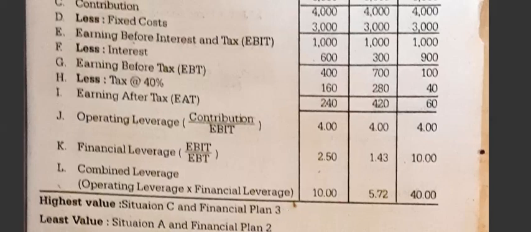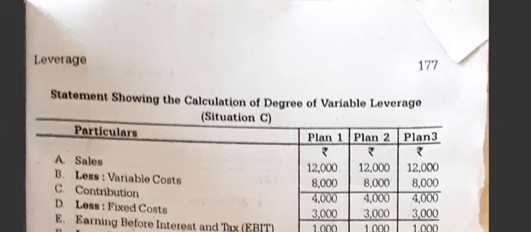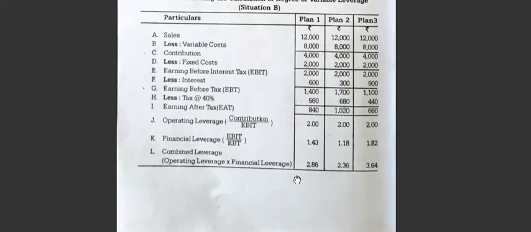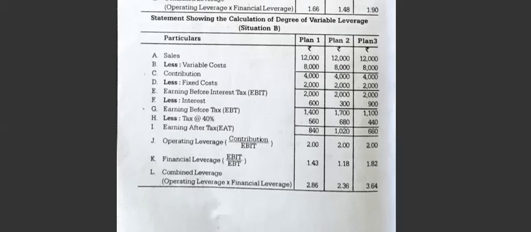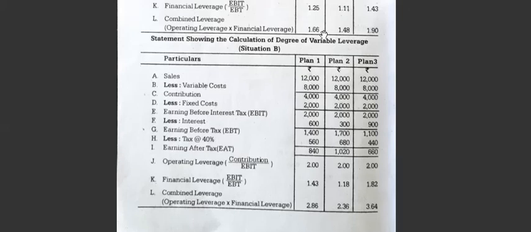Which one is the least value? See here the value 5.72. Then you go for this, you will have here 2.36. Here you have the lowest one, 1.48.